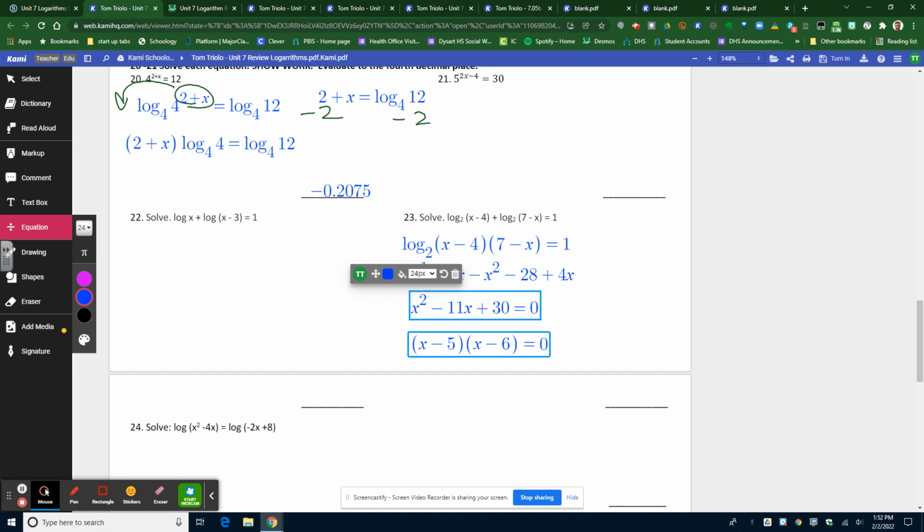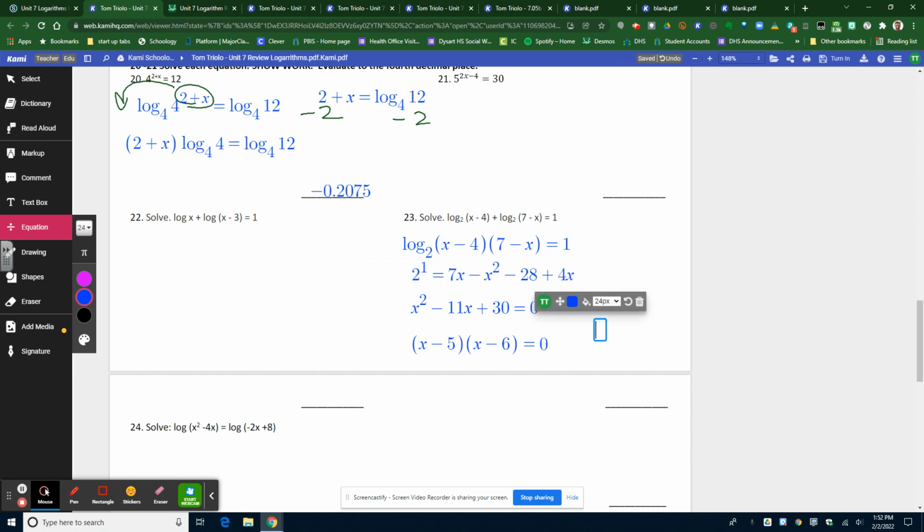So I got log 2 base 2, 1, plus 0 is 1. So do I have any extraneous solutions? No. Both work. So I got x equals 5 and x equals 6. Okay. So both of them work.